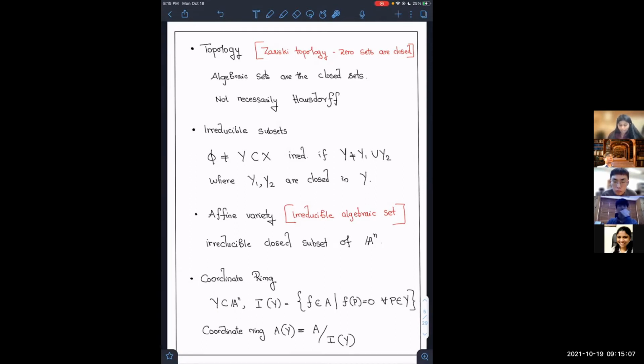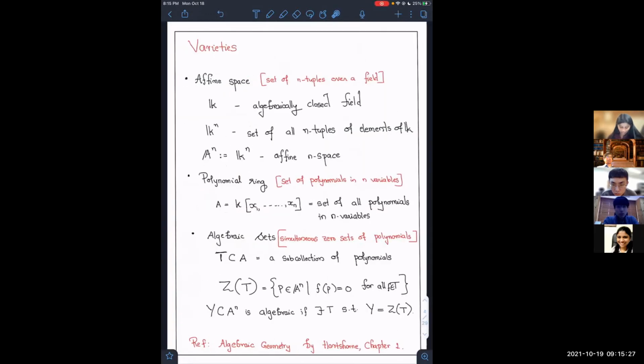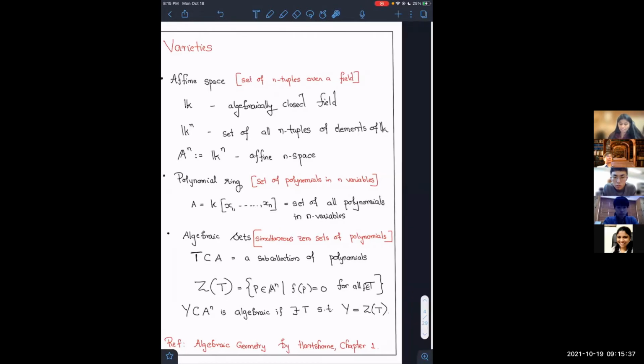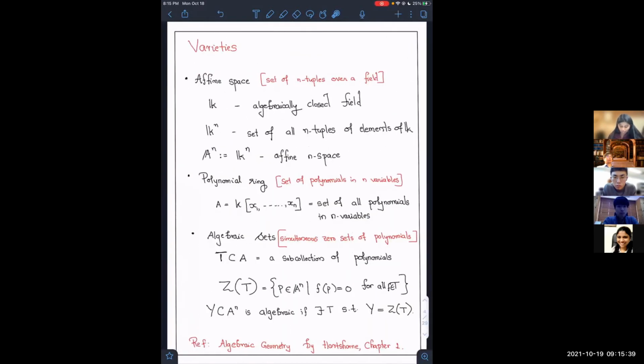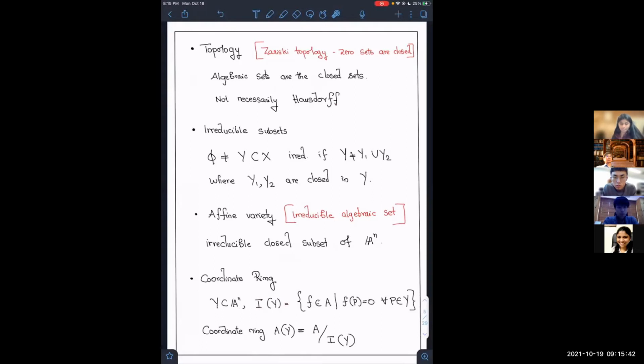So for any subset of A^n, say Y, we define the ideal of Y to be the set of all polynomials that vanish on Y. Even if T is any subset, the zero set of T and the zero set of the ideal generated by T are going to be the same, which is why I have this ideal.